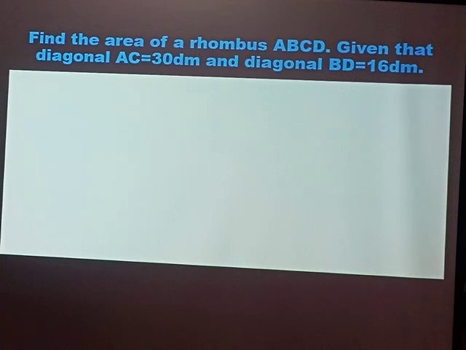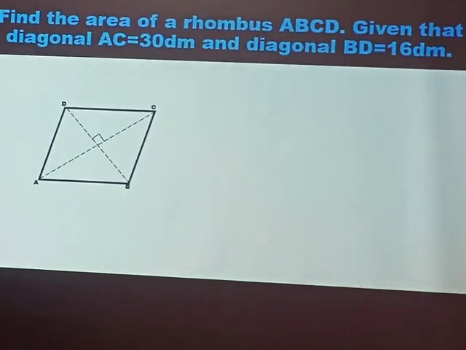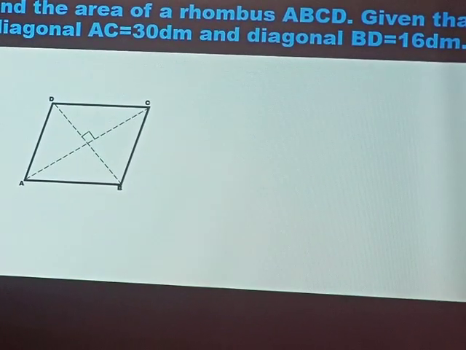Let me draw. Let's sketch. When you have a statement like that, please sketch your diagram. That's my sketch. A, B, C, D. Though my figure may not be very clear to you, I have A, B, C, D. Let me try to expand. I think there it's better.